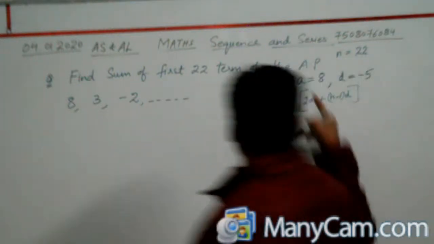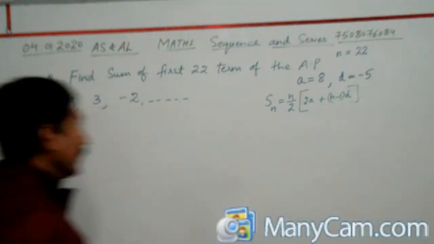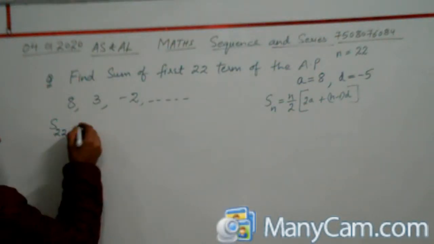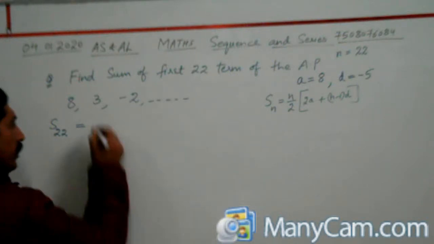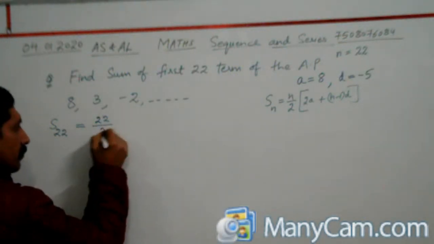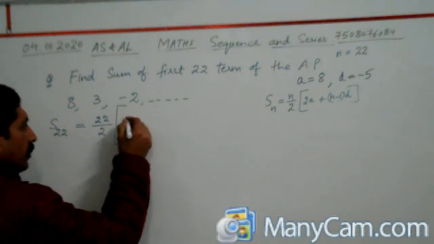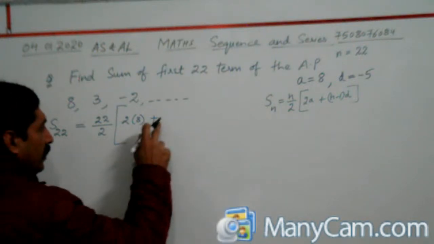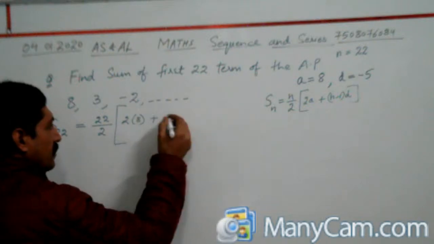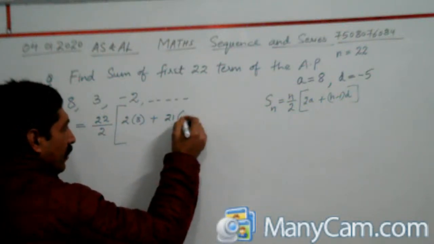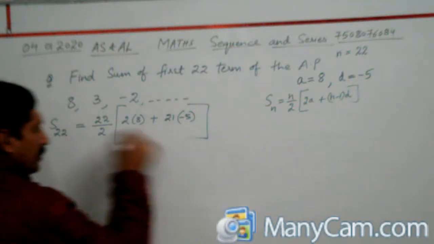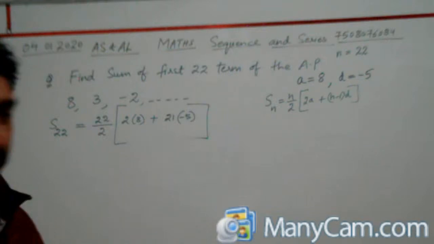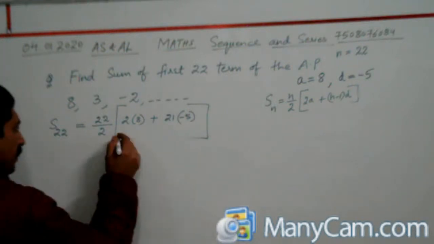So n is given, a is given, d is given. The sum of 22 terms is equal to 22 upon 2 into 2 into 8 plus n minus 1, that is 21, into d, which is minus 5. This calculation you can solve.